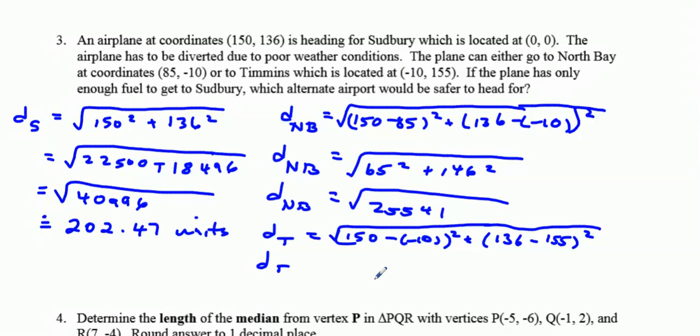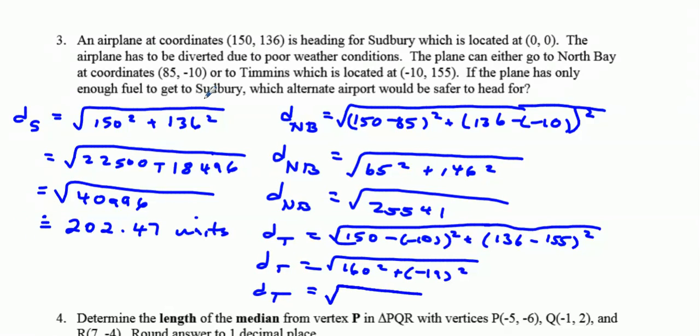All right, so the distance to Timmins is going to be 160 squared plus 136 minus 155 is minus 19 squared. So the distance to Timmins, when I add those together, is 25,961.